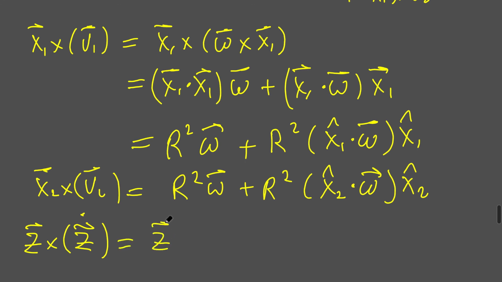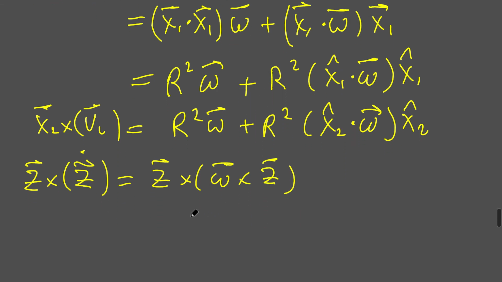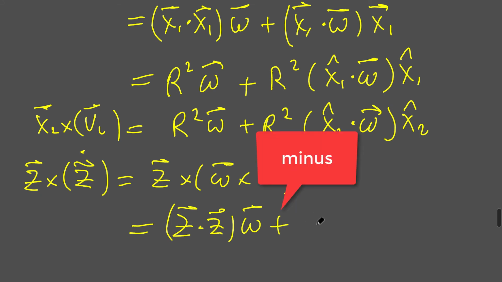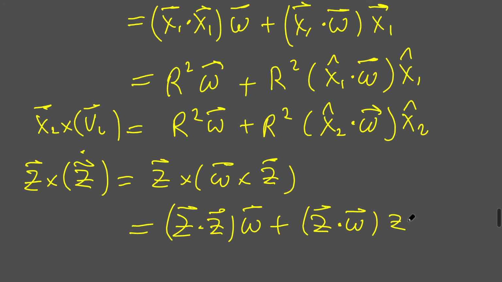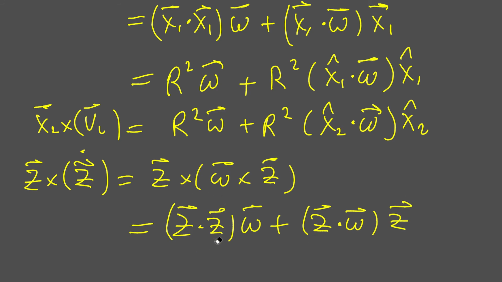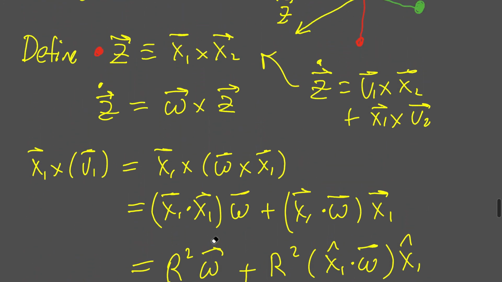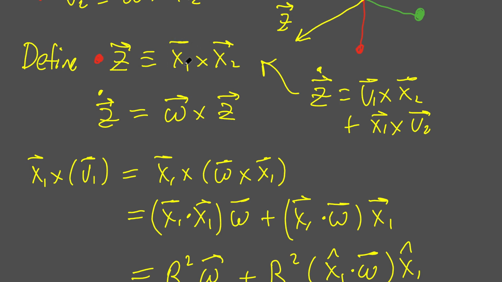And for the z equation, we have z cross z dot, that's z cross omega cross z, and again using the identity, this is z dot z times omega plus z dot omega times z. Now what is z dot z? Well, if you look back at the definition of z, x1 is just r times x1 hat, and this is r times x2 hat. So z is just r squared times the cross product of two unit vectors that are orthogonal.